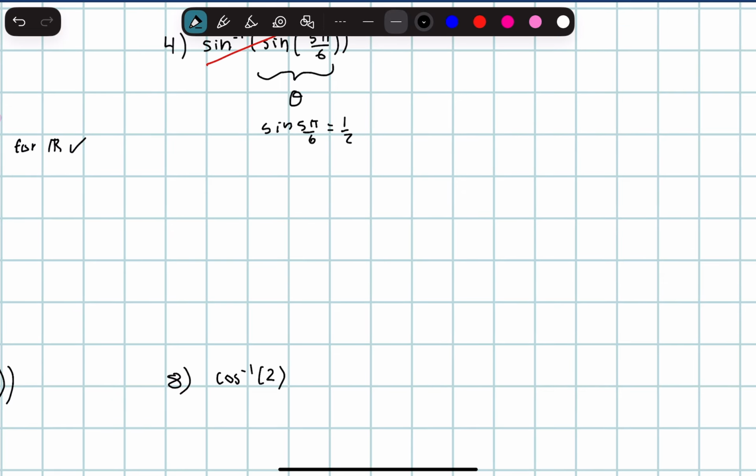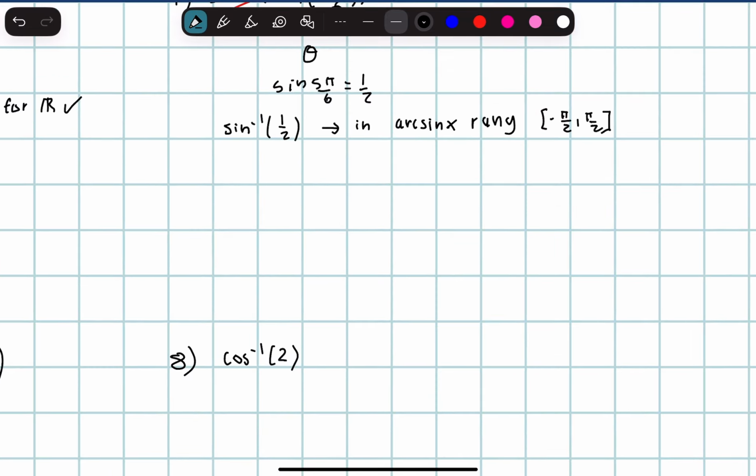And remember that for arc sine, sine inverse of 1/2, it has to be in the arc sine range, which is negative pi over 2 to pi over 2.